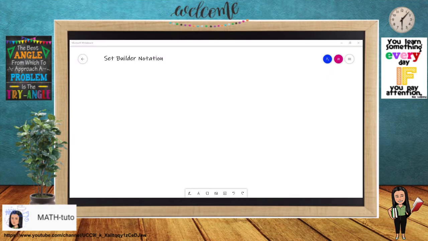Okay, doon muna tayo sa set builder notation. The first example that we have is x is greater than 8. If we will write it in set builder notation, i-enclose lang natin siya sa parentheses and then we write set such that x is greater than 8.